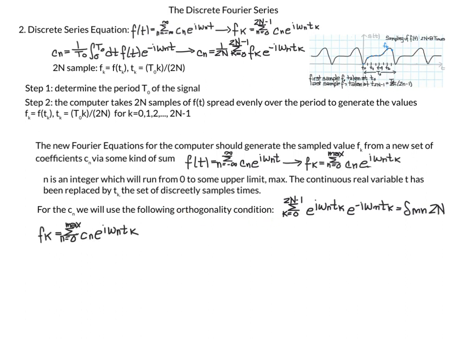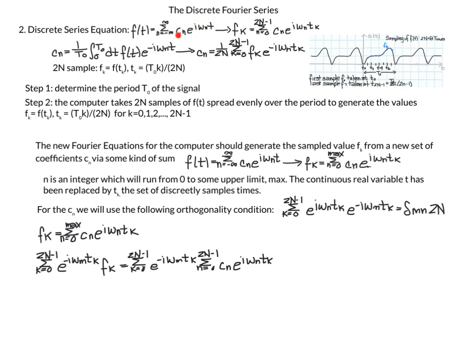The next thing we're going to do now is look at our proposed form of our sum. f of k is equal to the sum from n equals 0 to some maximum value, c sub n, e to the i omega n t sub k. Do you remember when we did the continuous Fourier series and we said we wanted f of t to be equal to some coefficient times a sine and cosine?